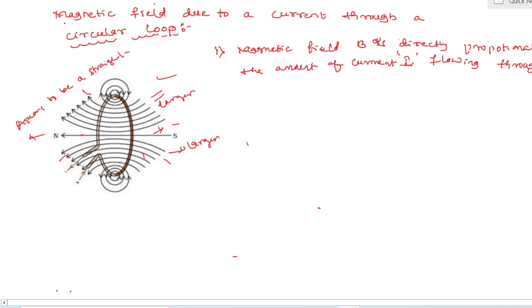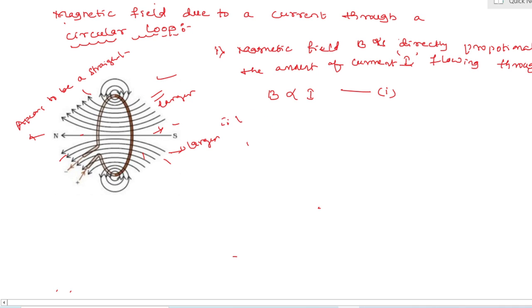It means magnetic field B is directly proportional to the current I flowing through it. Yes, it is the first equation of magnetic field due to a current through a circular loop.